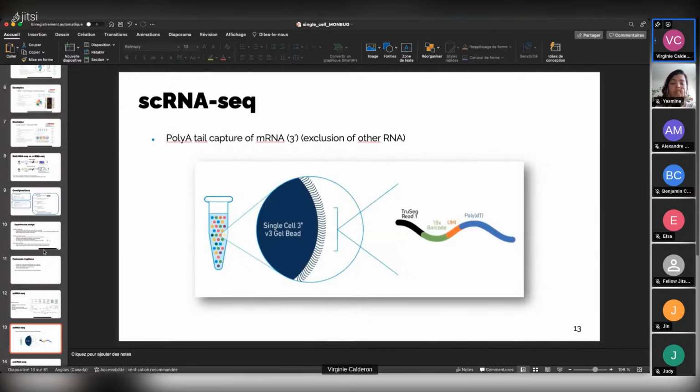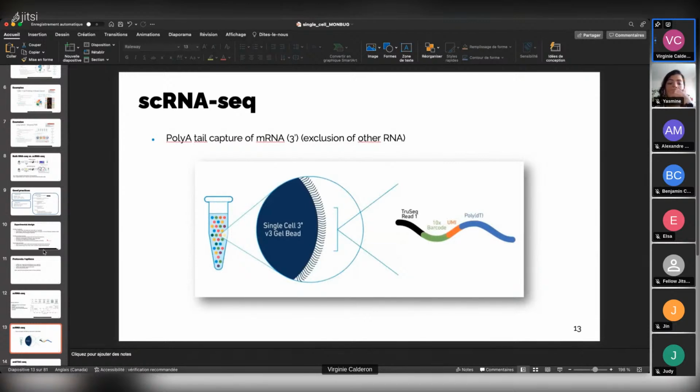This will capture the mRNA with the poly-A tail. So that means that you exclude from the analysis all the other RNA that don't have a poly-A tail. That's something that you need to know, because sometimes the researcher is interested in some non-coding RNA that is not captured in the experiment. So be careful.